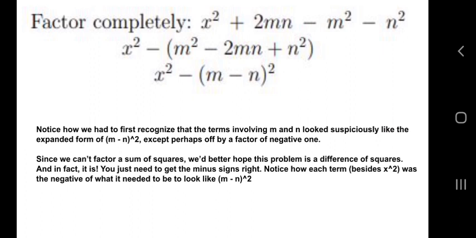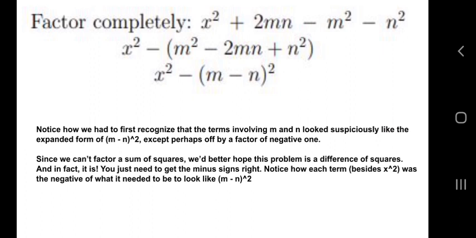And then you might recognize what's in parentheses there. M squared minus 2mn plus n squared, that is the expanded form of m minus n in parentheses squared. So we have x squared minus that, right? And now, oh, it looks like I forgot to typeset the final step, but I'll just say it. This is a difference of squares, right?